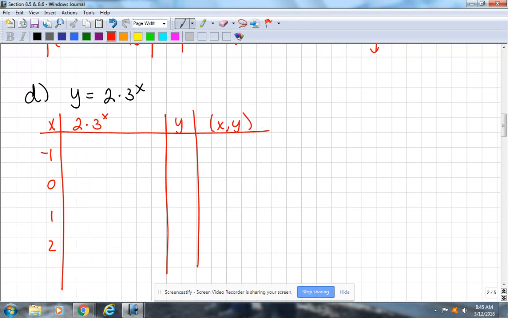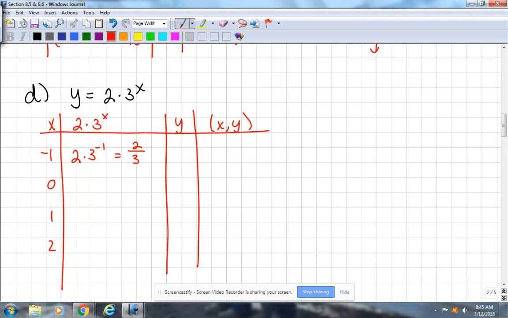All right, so the first one we'll plug in is -1. So I have 2 times 3 to the -1 power. Now, y'all, the 3 has a negative exponent. So what do I have to do to it? Put it in the denominator. Does the 2 go to a denominator? No, the 2 is going to stay in the numerator. So I have 2 over 3 to the first power, which is what number? 2/3.